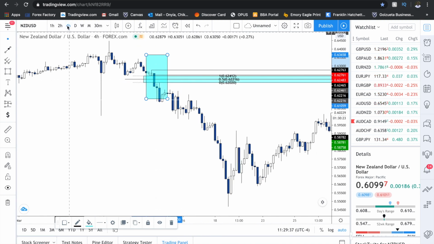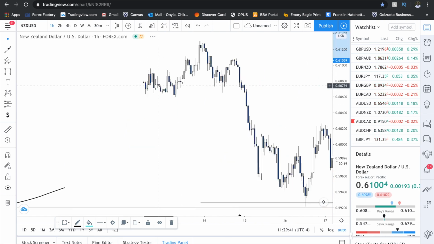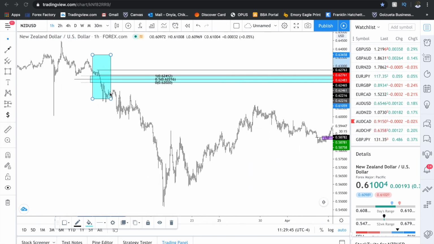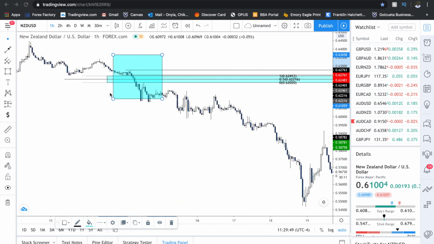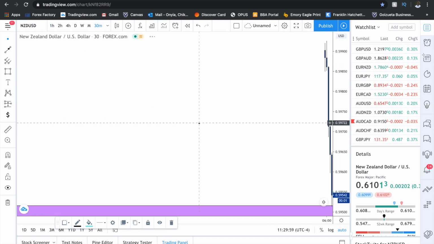That 4-hour imbalance. If you go into the 1-hour, right here, you see this little bullish candle right here before this very large down movement. And so that could potentially be an area of interest for us.